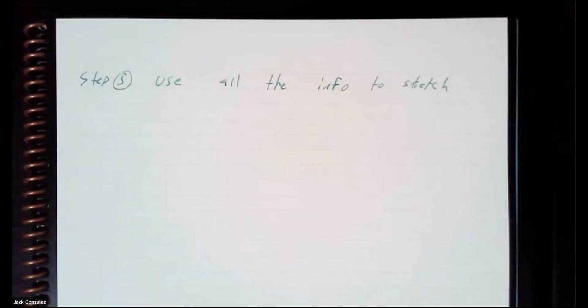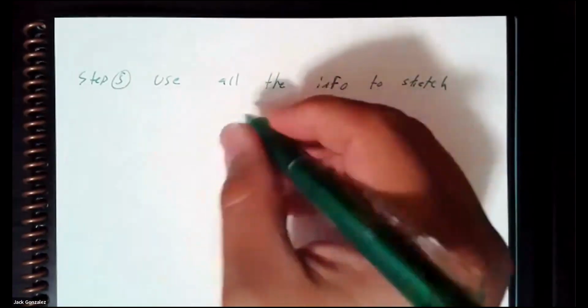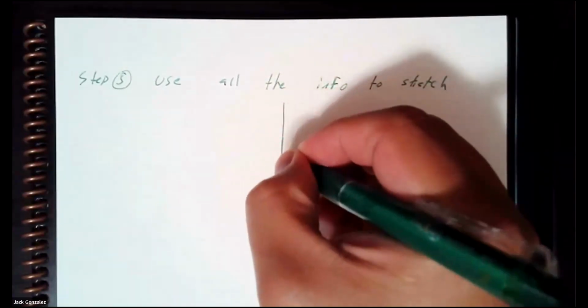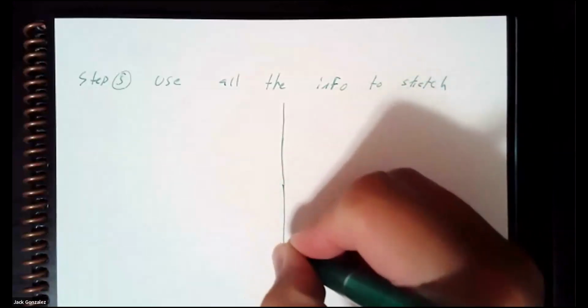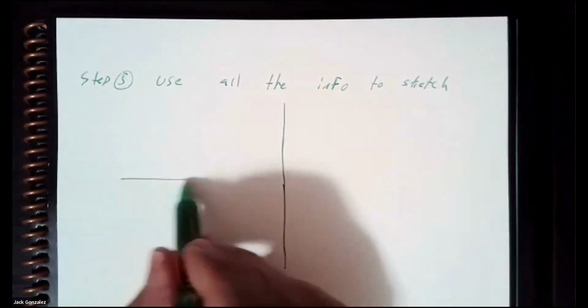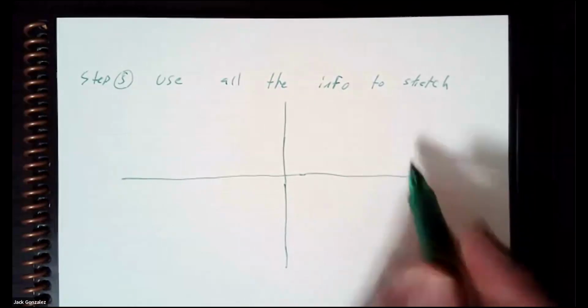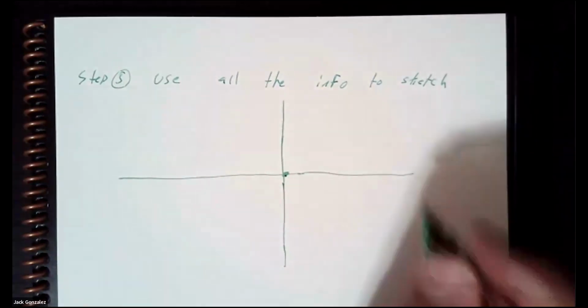Let me double check the homework question. Yeah, it should be good enough. All right. So we had x and y intercepts at the center. Right.